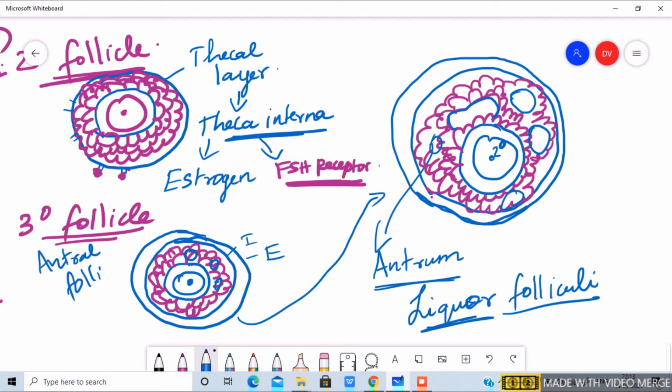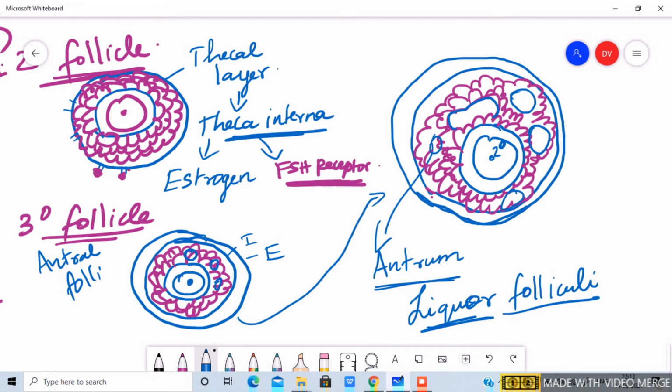Understanding, guys? Exactly at the tertiary follicle, if you see the oogenesis, the primary oocyte would have completed the meiotic division and given rise to the secondary oocyte. That is why I have given secondary oocyte here.